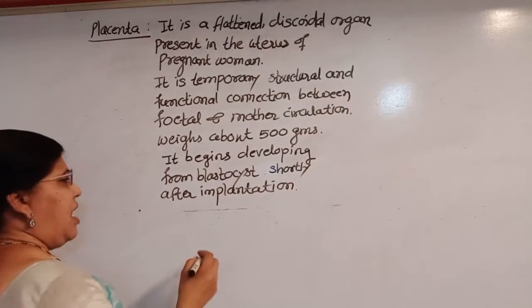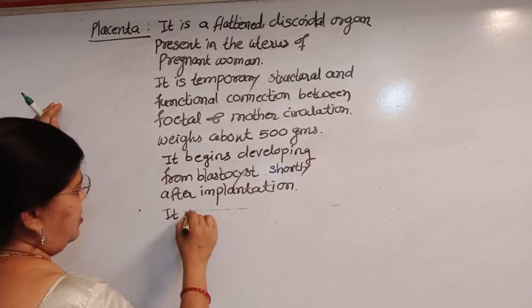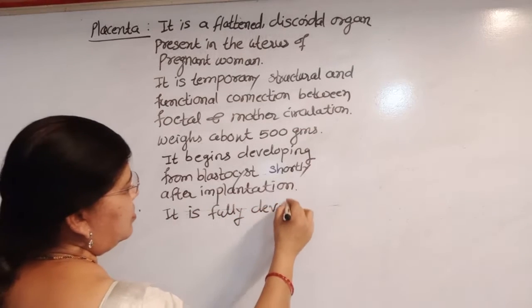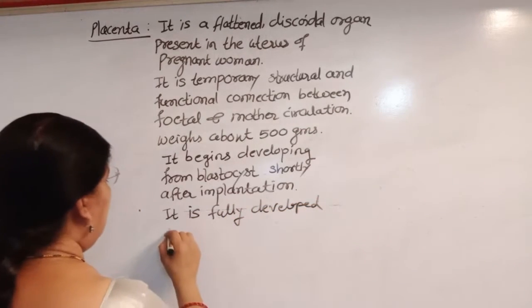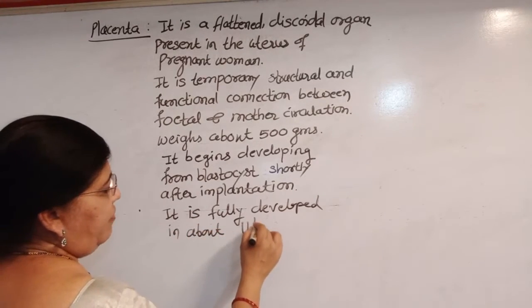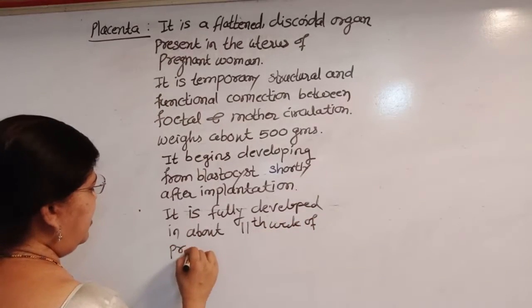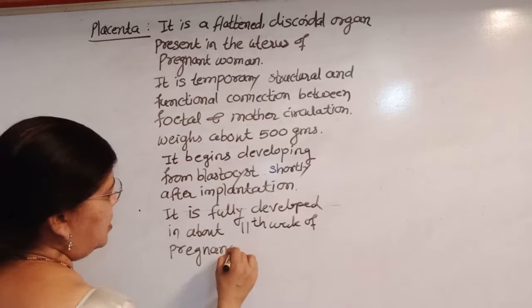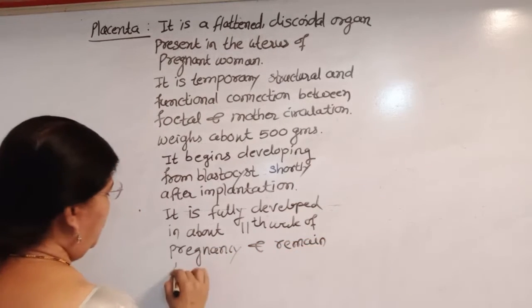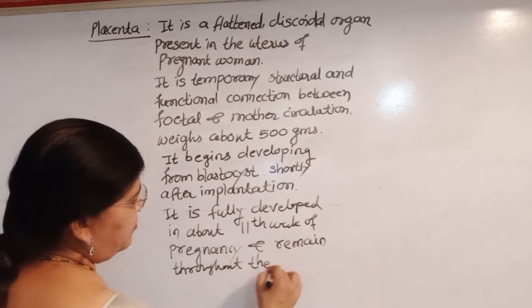And placenta is fully developed in about 11th week of pregnancy and remains throughout the pregnancy.